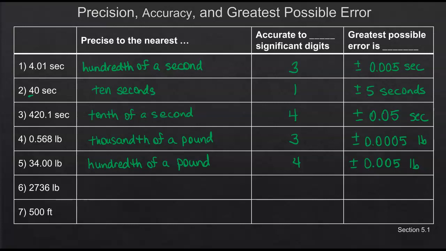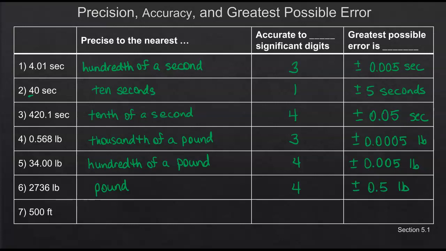All right, here's our next one. So this is to the ones place, so we're just going to say precise to the nearest pound. And it has 4 significant digits. Half a pound would be 0.5. So that's our greatest possible error.